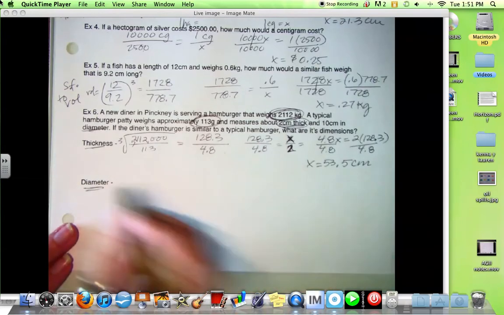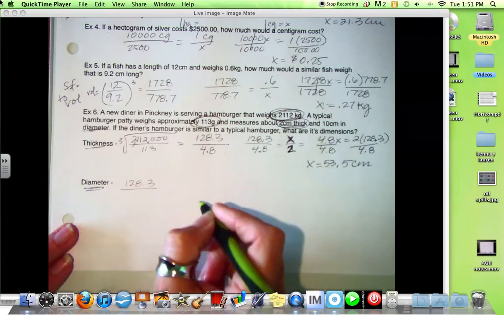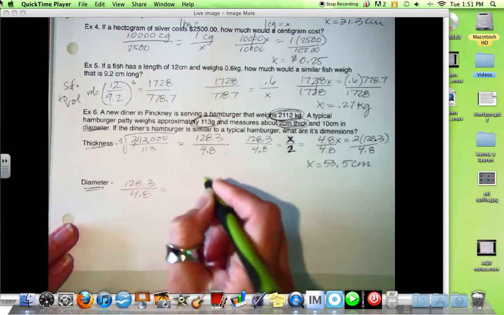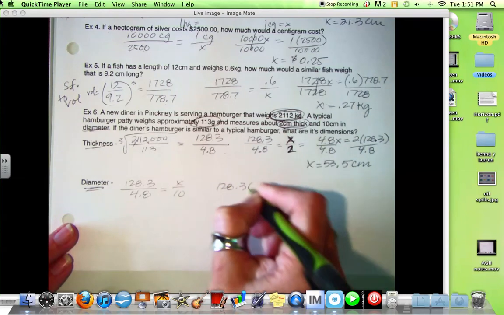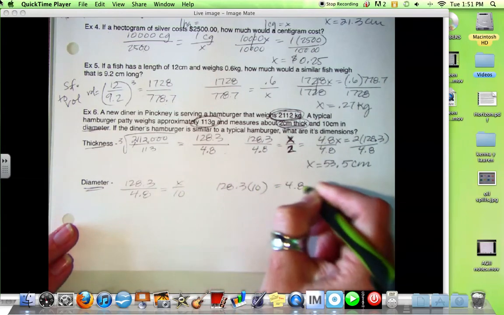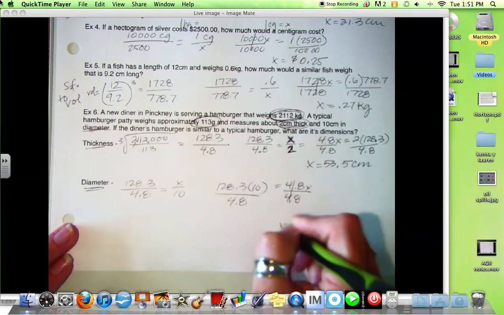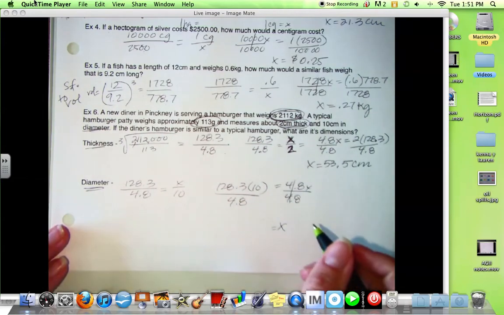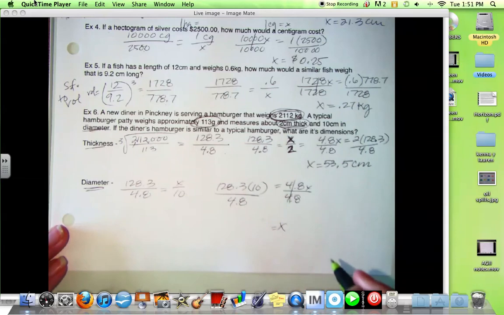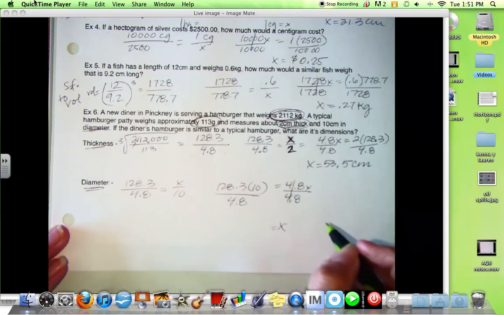Now what do we do to find the diameter? Or did we just do 128.3 over 4.8 and then do the 10, right? x over 10. Yep. So 128.3 times 10 equals 4.8 times x. So x equals? Oh, wrong thing.